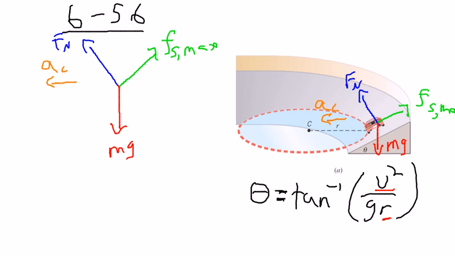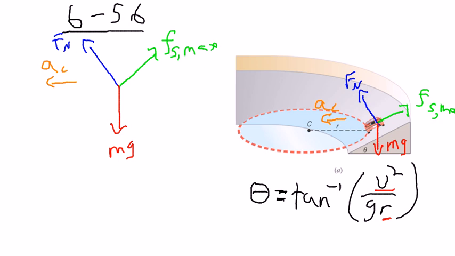You can either define your axes as vertical and horizontal, or as perpendicular to the road and parallel to the surface of the road. And the reason you can do either in this case is that both of your axes options have two forces or things in each direction.